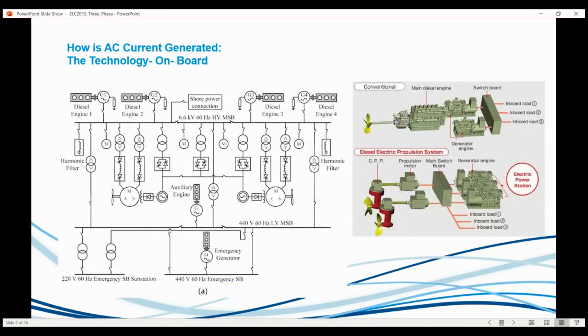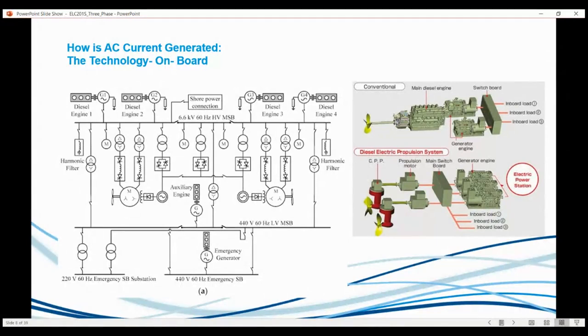On board a ship, your diesel gens will produce 3-phase power at some voltage. If you look at the diagram, you'll see this triangle and this Y. At that particular part, that's your transformer. It's a step down transformer, and it steps down the voltage from 6.6 kilovolts to 440.